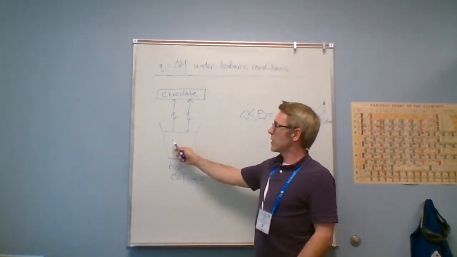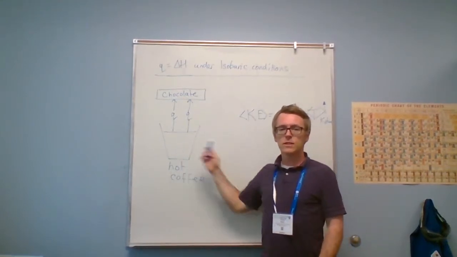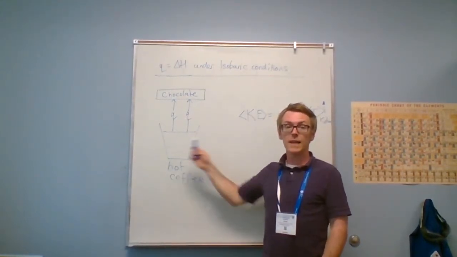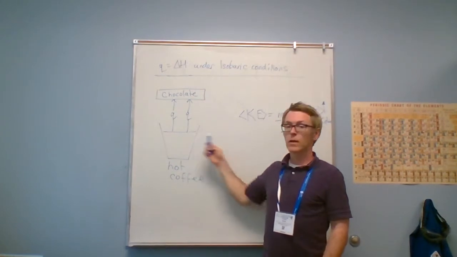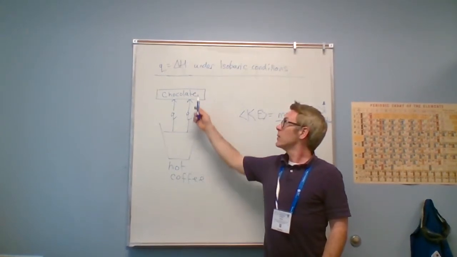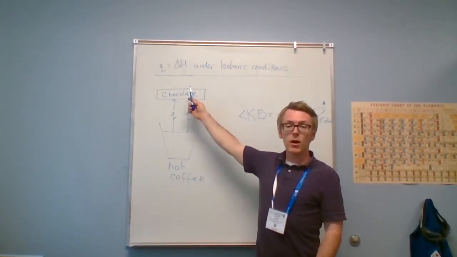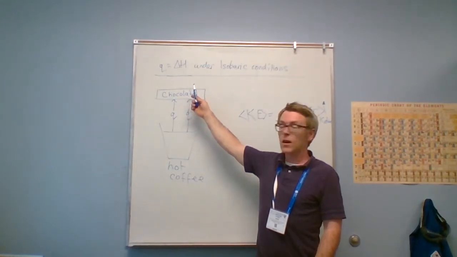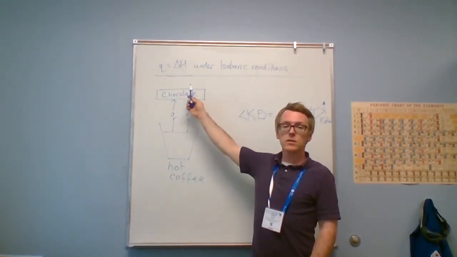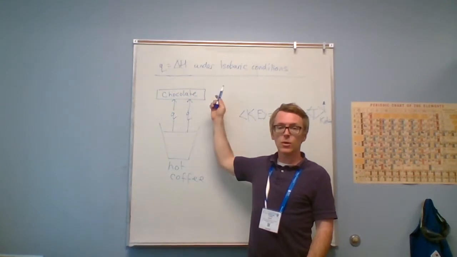So if you imagine the hot coffee, the molecules inside the coffee are moving with a high kinetic energy. The molecules in the chocolate bar, which is cooler than the coffee, are moving with slower velocity, so a lower energy.